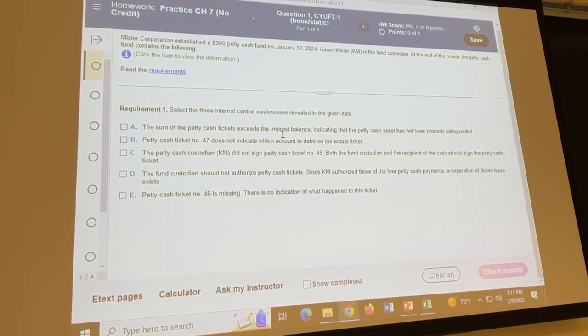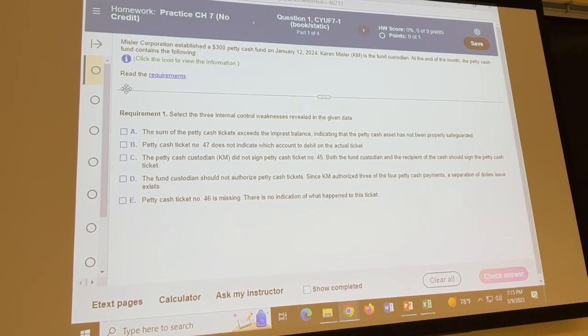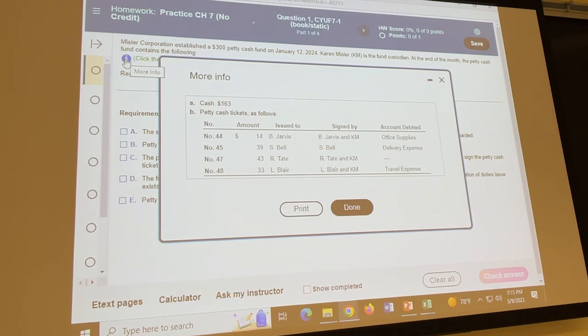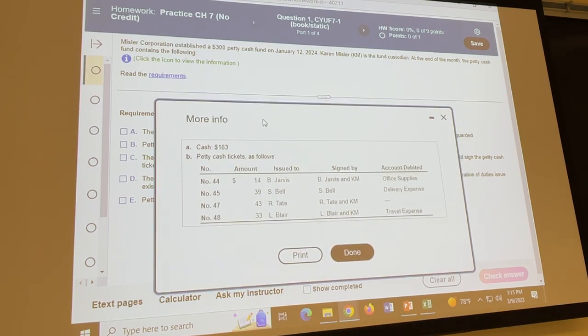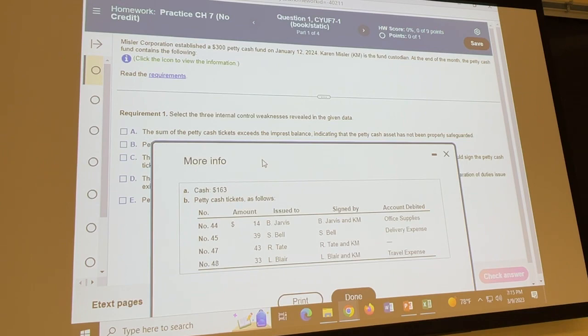This first one is a petty cash problem, and the first part of it deals with internal controls. So here, this data table shows us what the information is on 4 petty cash tickets that are filled out and in our petty cash box.